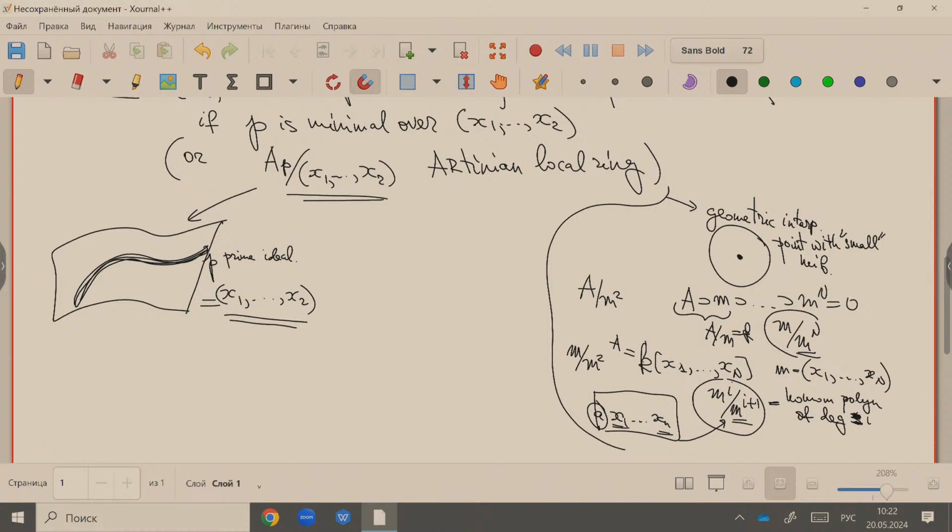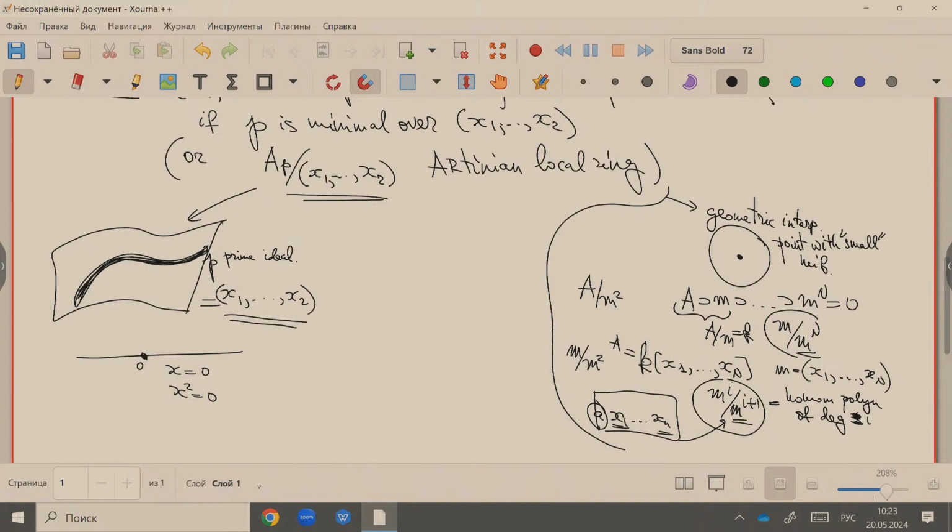It is as if, for example, you are cutting out zero not as x equal to 0, but as x squared equal to 0. So this is still a good system of equations in some sense, and geometrically it cuts out the same variety, but not precisely this prime ideal.